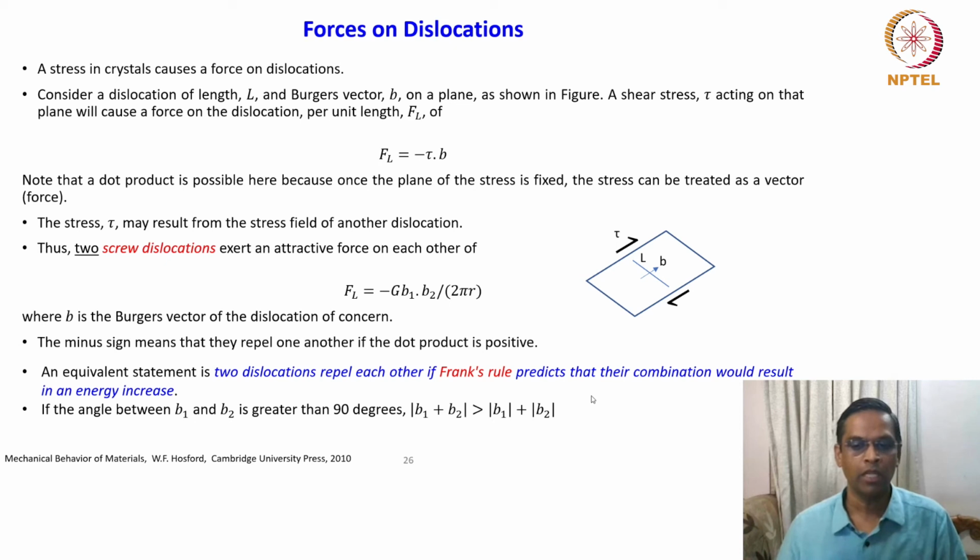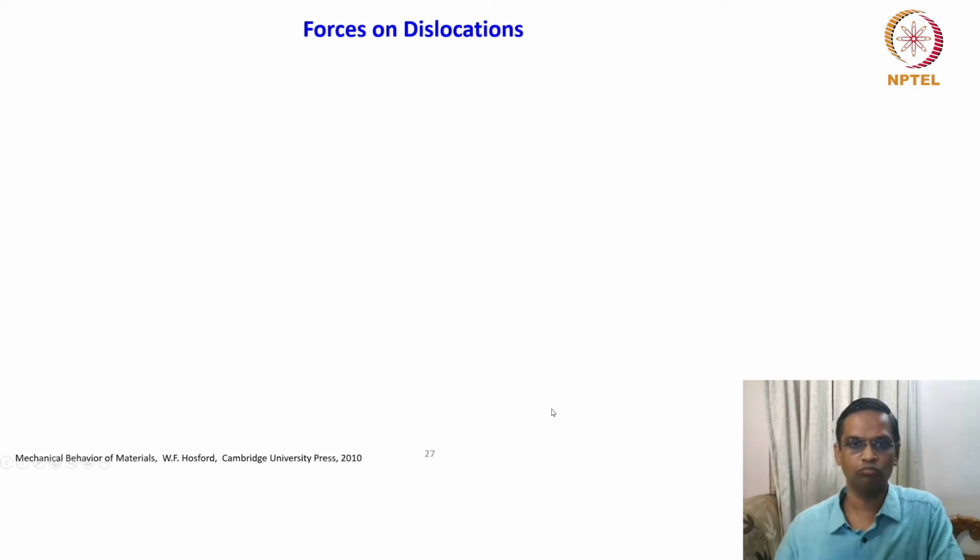So that is what Frank's rule says. If the angle between B1 and B2 is greater than 90 degrees, then this is the condition for the dislocation reactions: mod of B1 plus mod of B2 should be greater than mod of B1 plus B2.